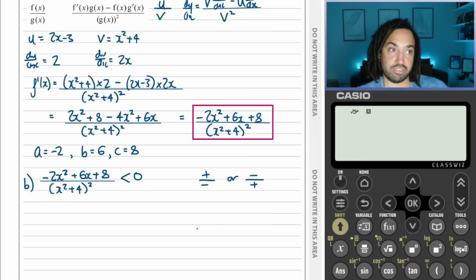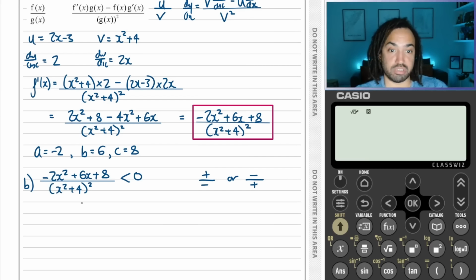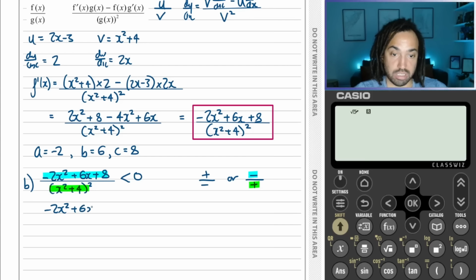If they're both negative or both positive, then the overall value of the fraction will be positive. Now we know for certain that the denominator is always positive because it's a square, it's been bracketed and then it's been squared, so it's always going to be positive. So we need this numerator to be negative. So essentially we need this bit to be negative, so less than 0.